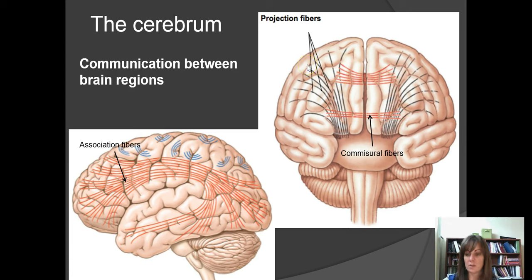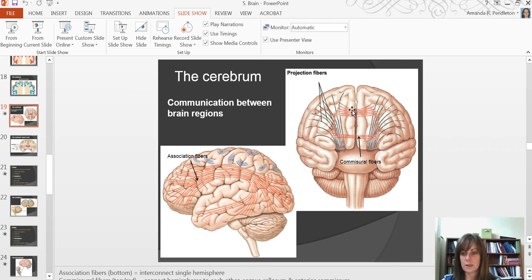The last type of fiber we're going to see is projection fibers. These connect the cerebrum with other brain regions. Again, cerebrum is one of your 6, and you're going to connect it with the cerebellum or pons or midbrain or diencephalon, any of those regions. So those are the different types of fibers.